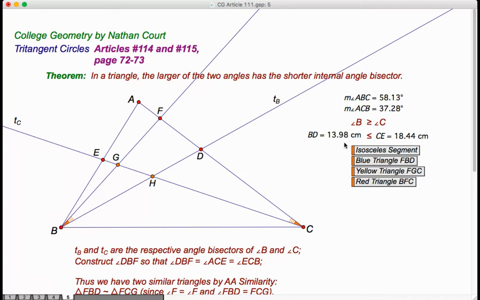Okay? And you notice in this diagram, angle B is 58 degrees and angle C is 37 degrees. That makes angle B larger than angle C.